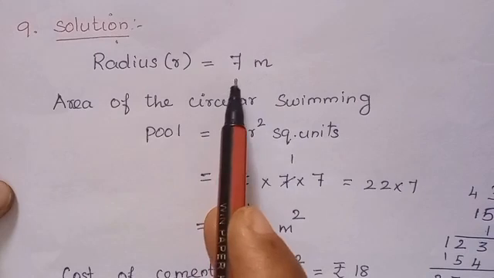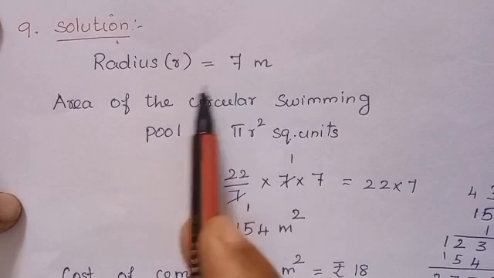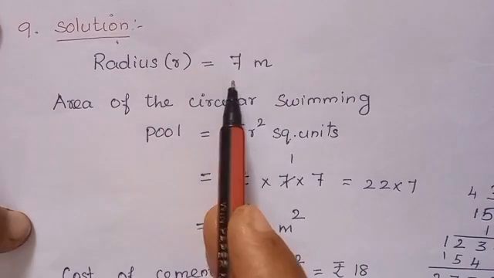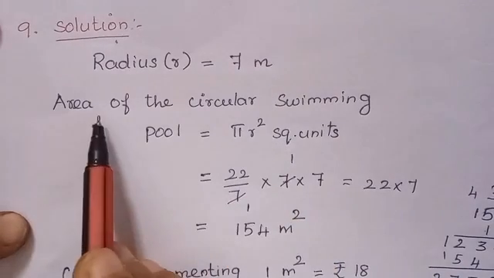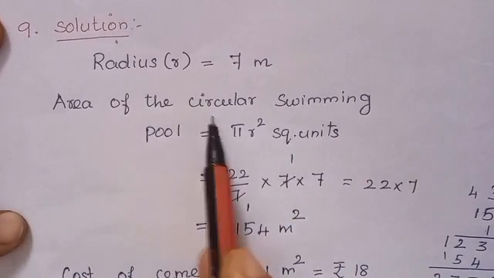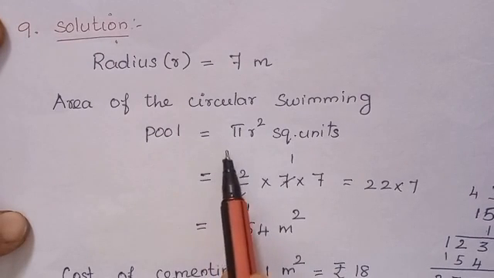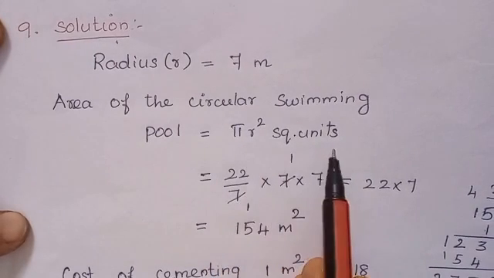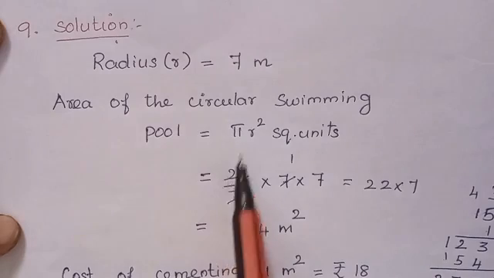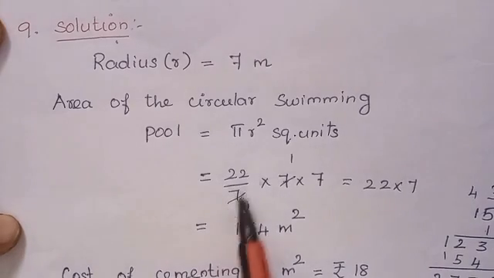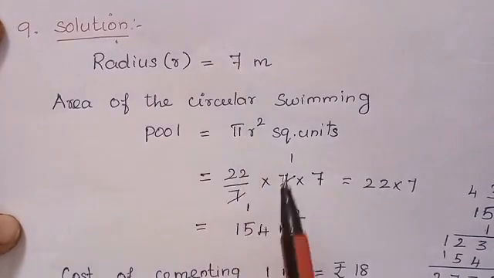Radius of the swimming pool is 7 meter. That means R equal to 7 meter. Next, find the area of circular swimming pool using the formula pi r square units. Value of pi 22 by 7, r value 7.